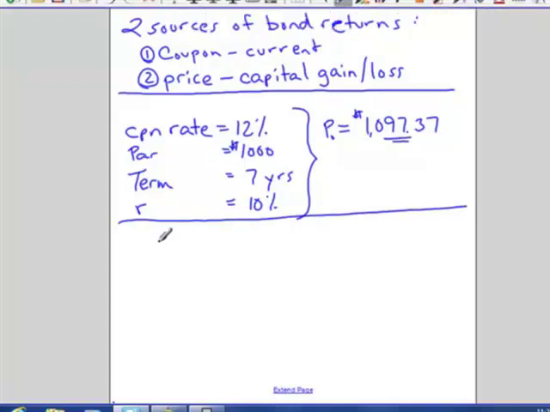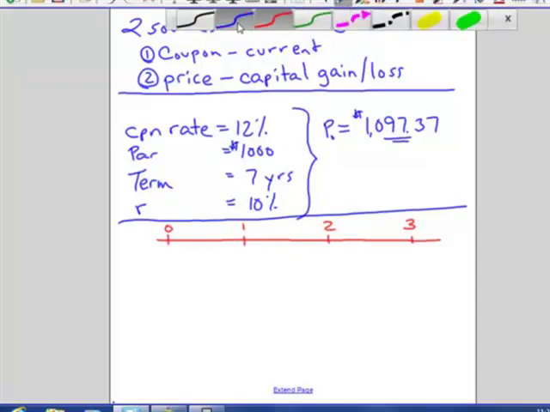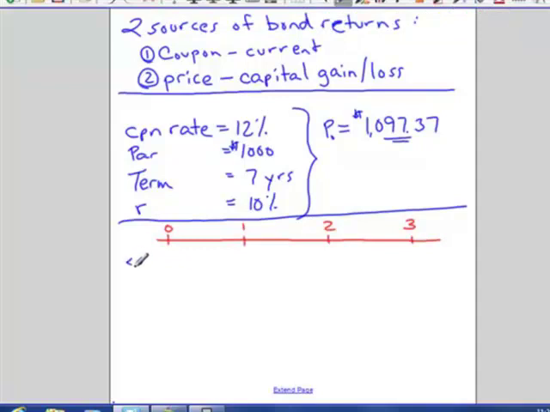So let's draw out what's going to be happening with our values on this particular bond investment on a timeline. We're not drawing out our cash flows for the bond, but we're simply recording what cash flows are occurring. For instance, at time period 0, we have $1,097.37 going out.